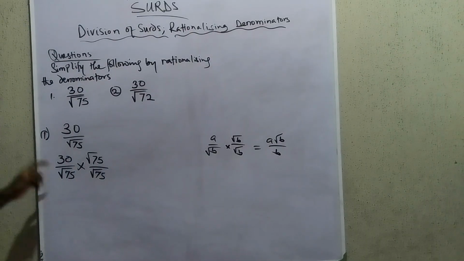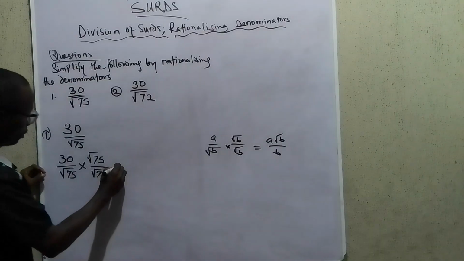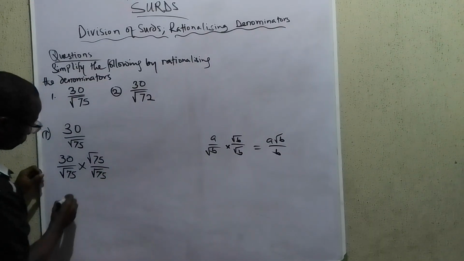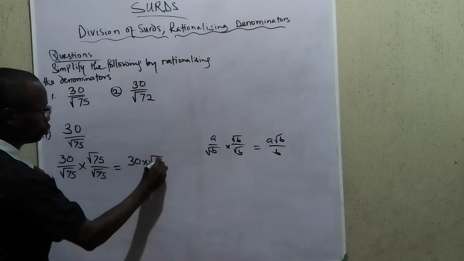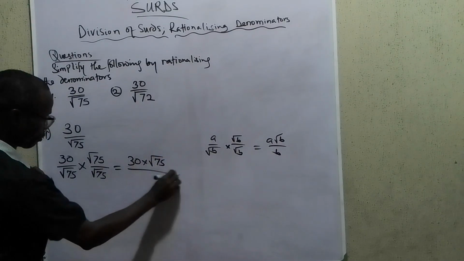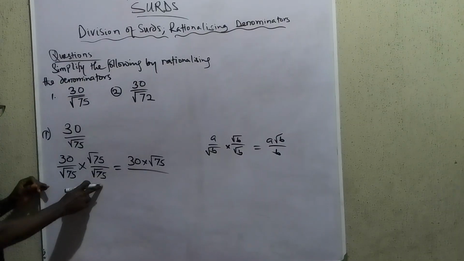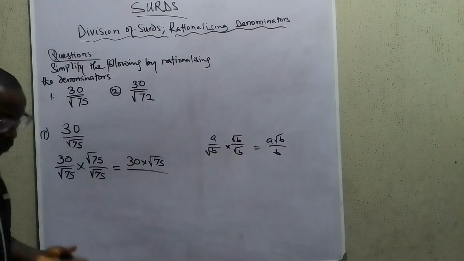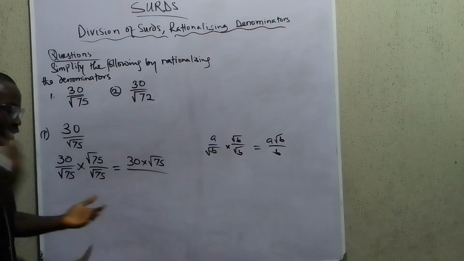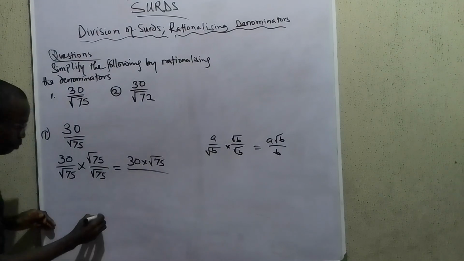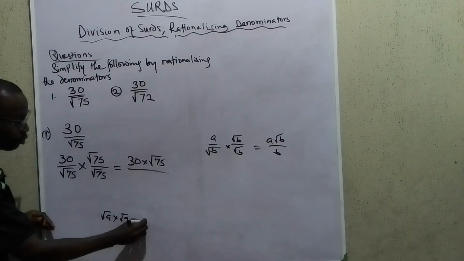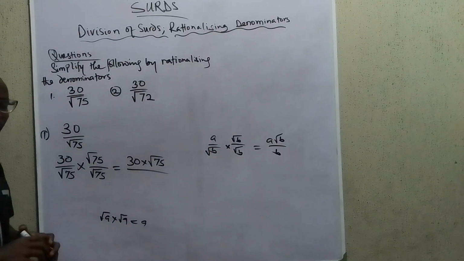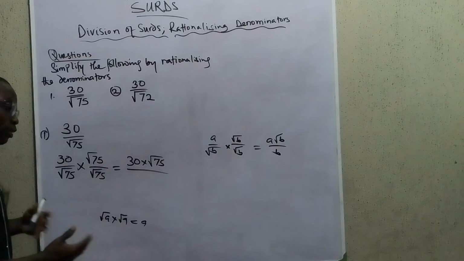So it's going to be 30 times root 75, all over root 75 times root 75. Remember, I've already said that if you have a square root multiplying itself, the square root of a times the square root of a, the answer will just be a.